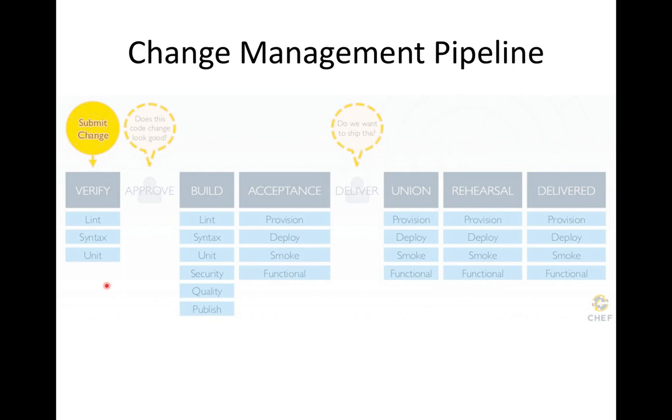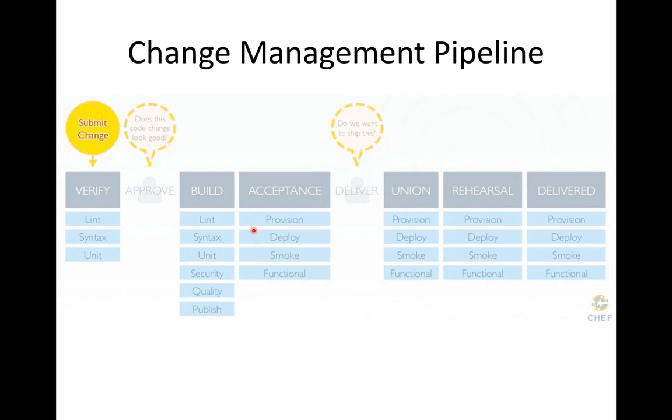Here's an example of a change management pipeline for infrastructure. In this case, infrastructure code has been submitted to the pipeline, and it's going to be linted. It's going to go through some sort of build process, and maybe unit tests are run.